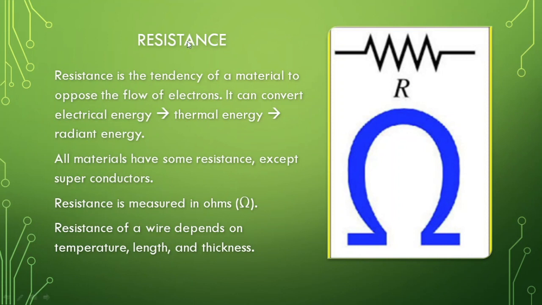This is about resistance. Resistance is the tendency of a material to oppose the flow of electrons. When electrons encounter resistance, that electrical energy is converted to thermal energy, and when that thermal energy gets hot enough, it can become radiant energy or light.